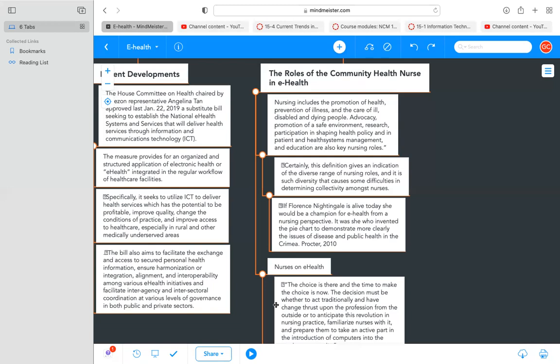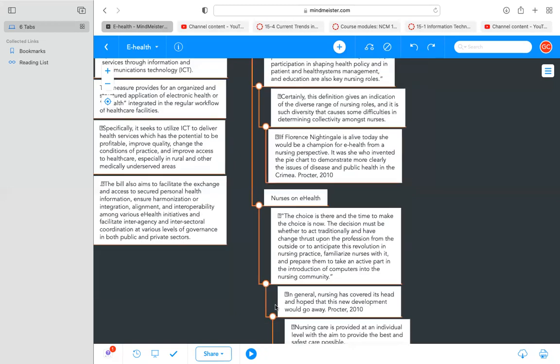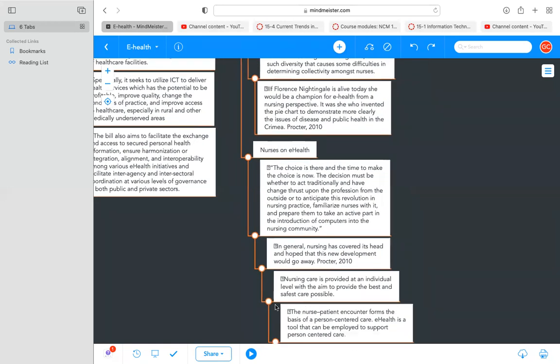So siguro she will really be happy right now with the advent of technologies and how they can facilitate nursing care more efficiently. Okay, so nurses on e-health, the choice is there, and the time to make the choice is now. The decision must be whether to act traditionally and have change thrust upon the profession from the outside, or to anticipate this revolution in nursing practice.